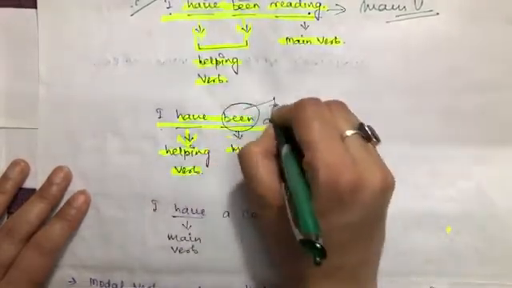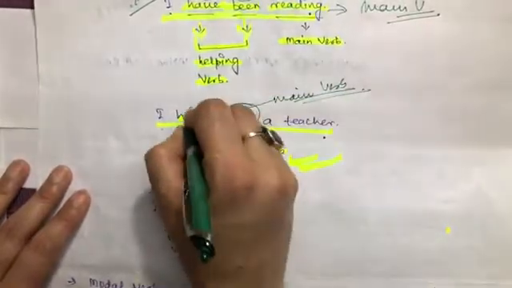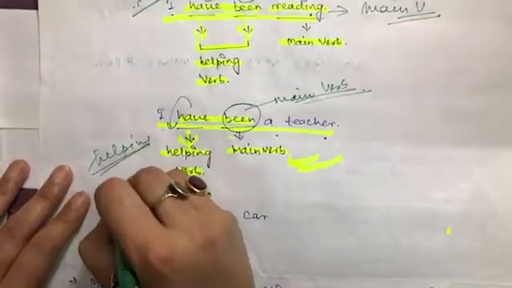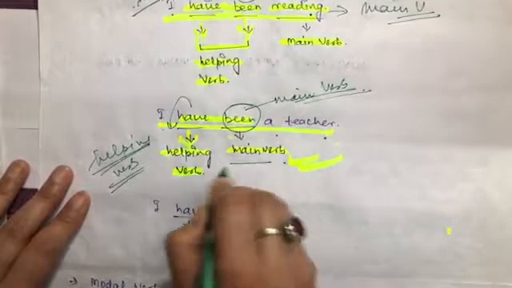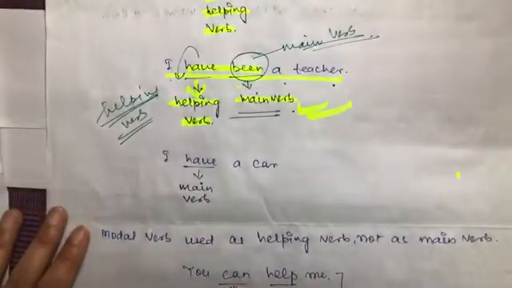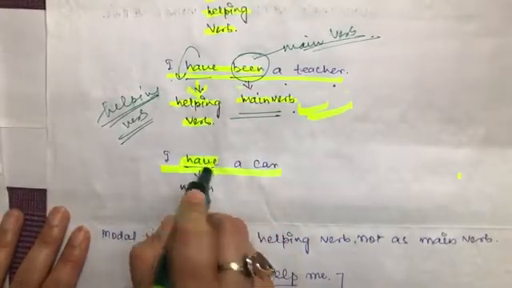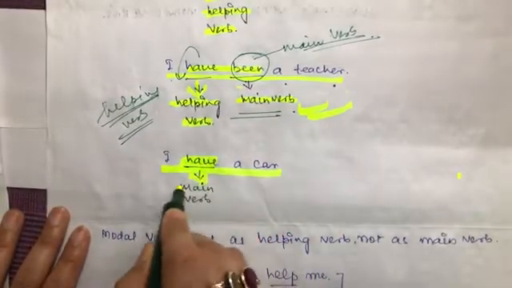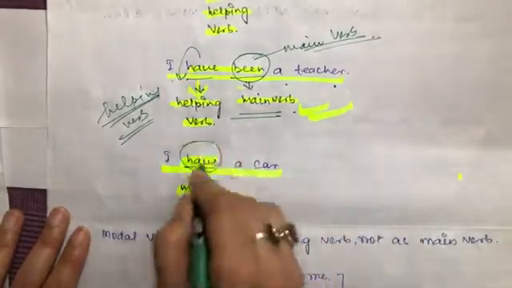acts as the main verb, and have here acts as the helping verb. Here been performs the function of the main verb. Now, if again I take a sentence and say that I have a car, here have acts as a main verb because we have only one verb here.